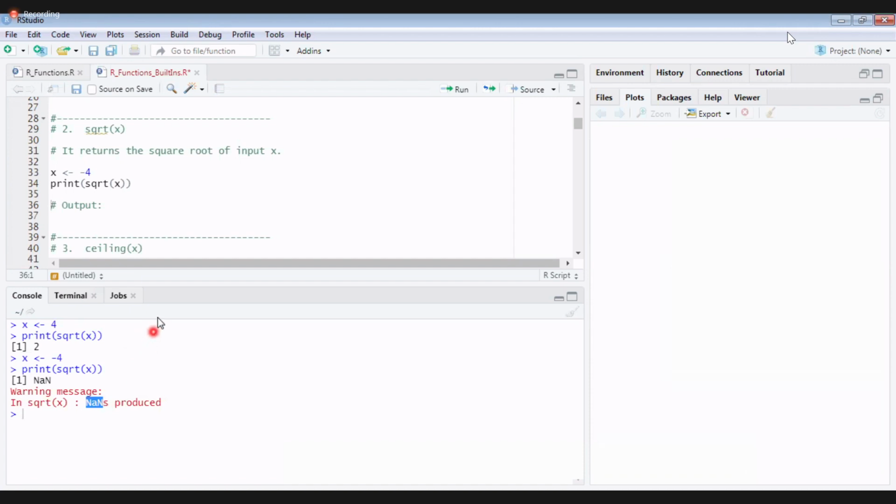So we don't have a square root for a negative number. Now abs of -4, I got the output, because absolute value will convert all the negative values into positive values, and once it has been converted, the square root works.